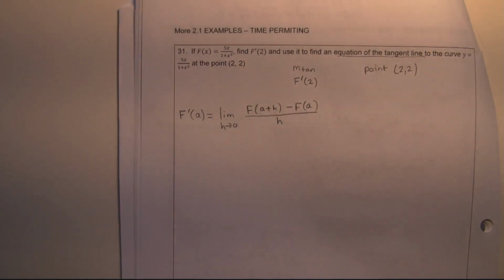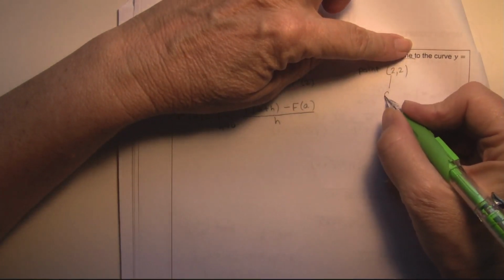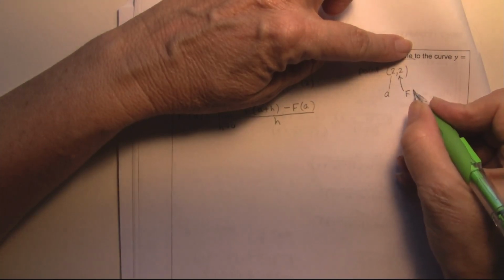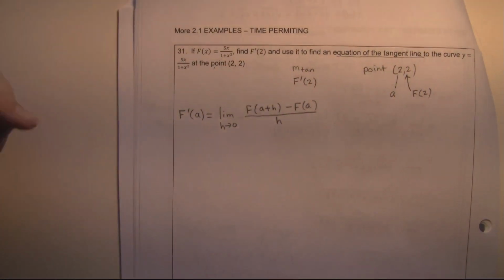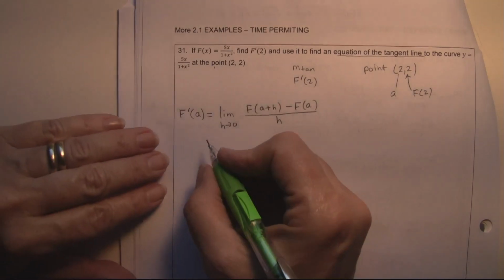And our F at a, right here, our a is 2. And right here, we need to find F prime at 2, but our F at 2 is also 2. So there's a lot of 2's running around in this problem. And so I'm going to put this in here.